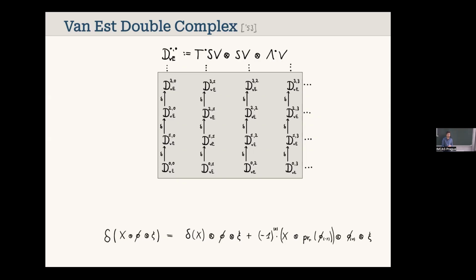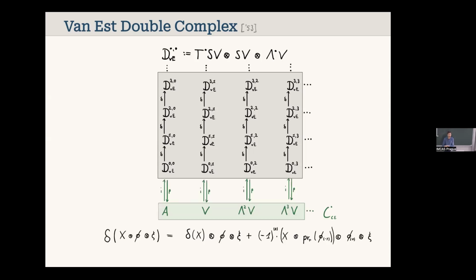Another possibility would be that we use the shuffle coproduct on the symmetric algebra in the middle and move one of the legs as a new tensor slot in this TSV part here. This way we also increase the tensor degree by 1. Here we have the projection onto the positive parts for some reason.